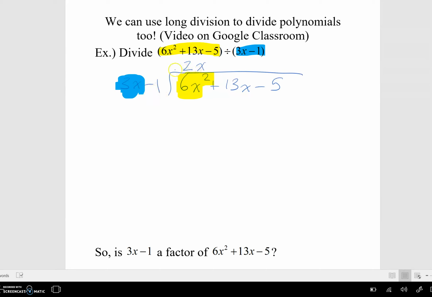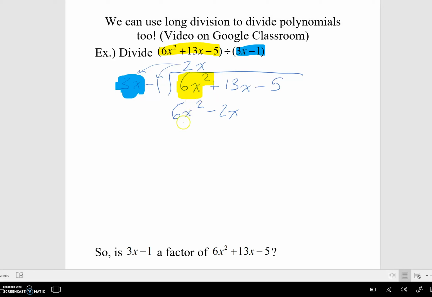What's going to happen is, just like in the previous problem, once we found that first quotient, we would multiply it by the divisor, right? So now that we found this, I'm going to multiply it to the 3x and to the negative 1. So watch this. We'll get 2x times 3x is 6x squared minus 2x.